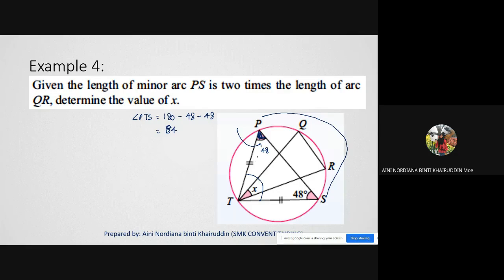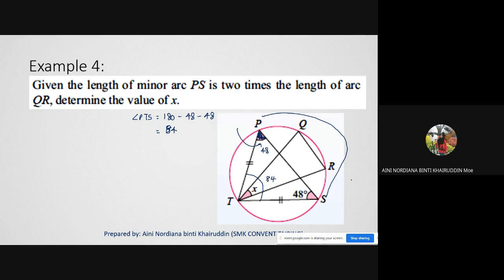So now you know the angle PTS, which is 84. So can you calculate the value of X? Okay, what is the value of X? 42, teacher, 42 degree, yes.